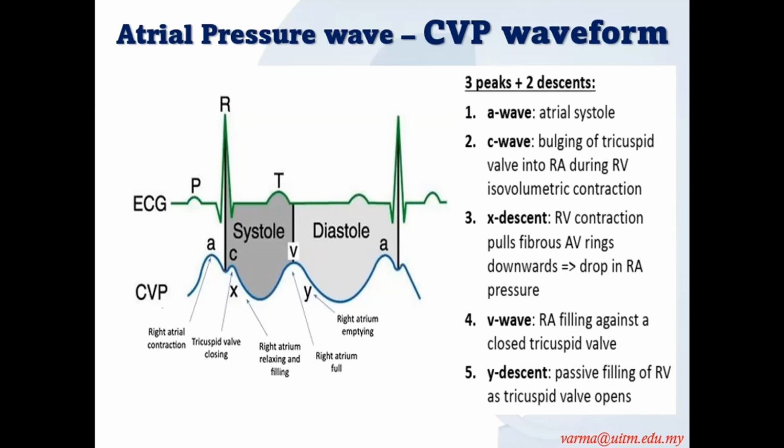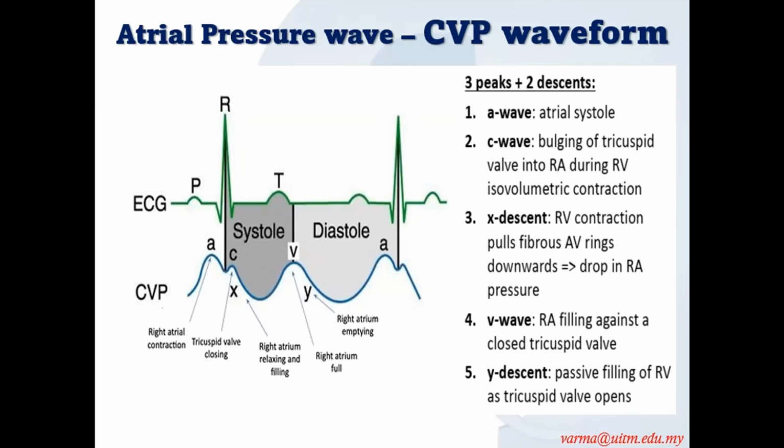Then the X descent after isovolumetric contraction. So C is your contraction, the RV contraction. So isovolumetric contraction ends. At the end of your isovolumetric contraction, there is the final pushing, the right ventricle contracting. The pressure squeezes, and you have your fibrous rings attached to your valve.